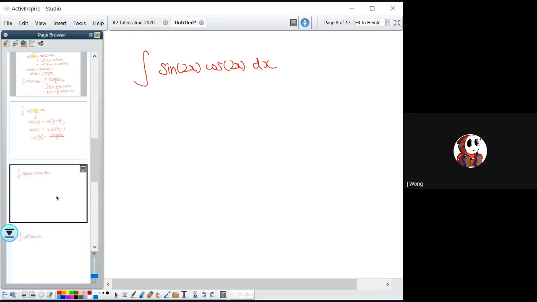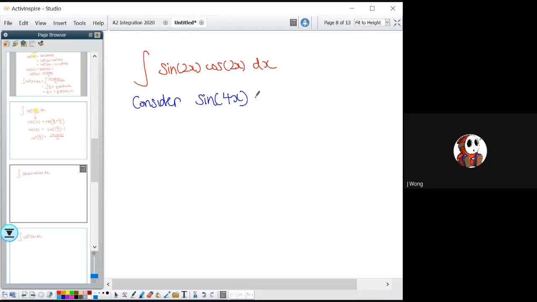Okay, so again, we need to think of using an identity so that we can write it into a form that we can recognize. So instead of using the cos double angle formula, when I see sine of 2x cos 2x, I can first consider the double angle formula of sine. And in this case, the argument I'm going to put is going to be 4x. Okay?